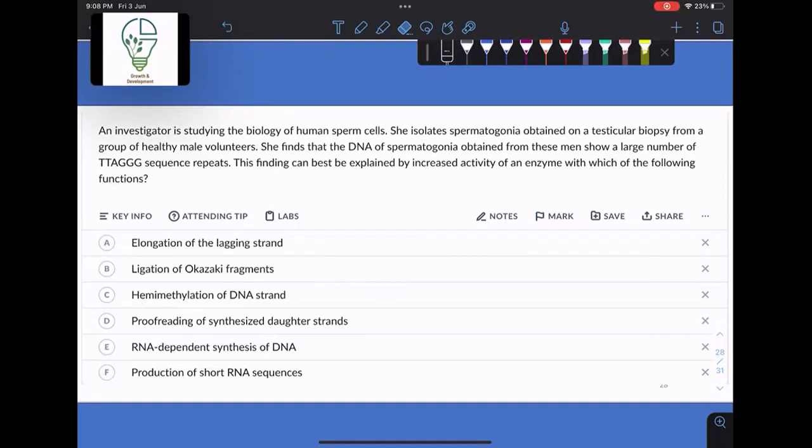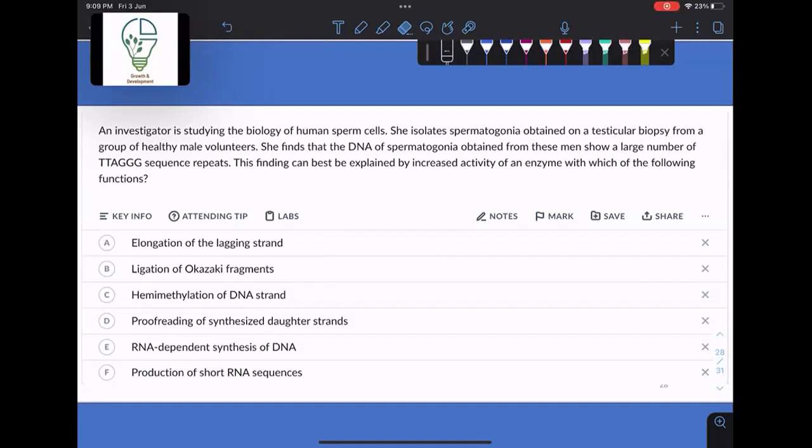So focus on what type of cell she's studying. She's studying the sperm cell. Okay, so we talked about this very specific cell that is present in sperm cells only. And we said that this one right here is very important for the preservation of the age of the cell. Okay, so let's discuss this.